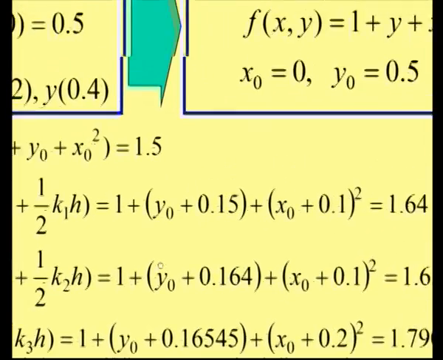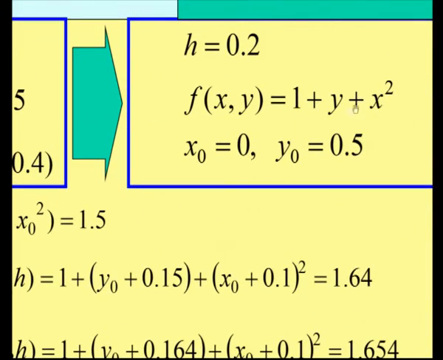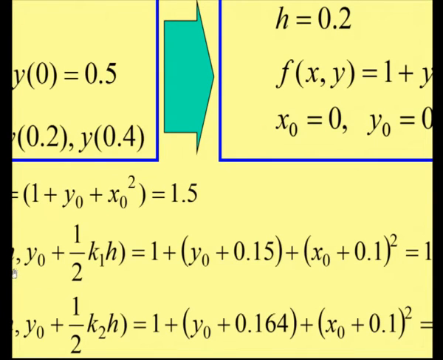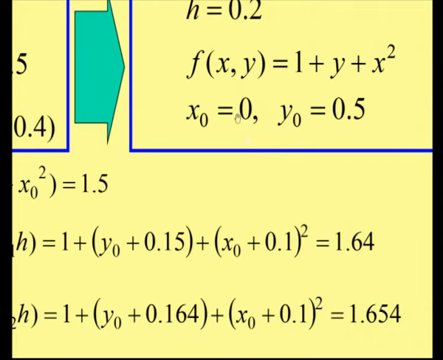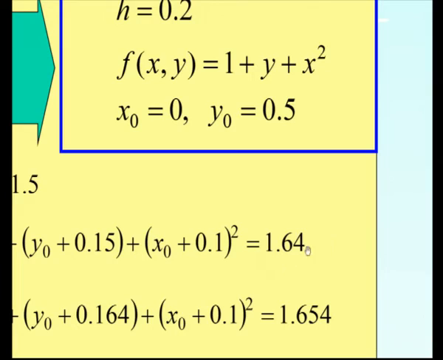So, if I substitute in the right hand side function, the y term is y naught plus half k 1 h, where h is 0.2 and k 1 is 1.5. If I simplify it will be 0.15, and x naught is 0. If I substitute I will get k 2 as 1.64.